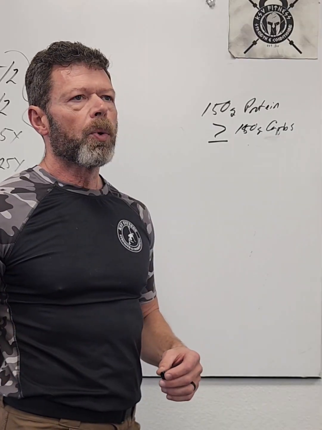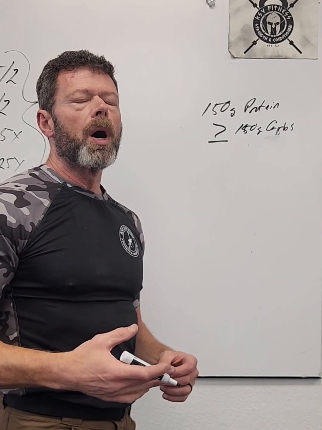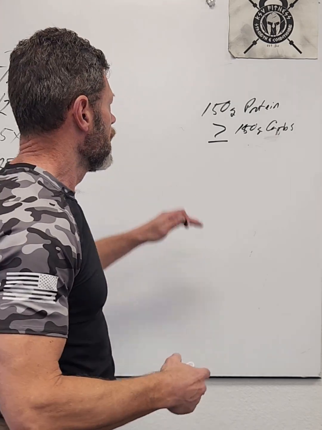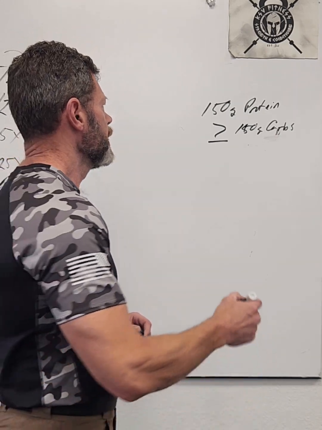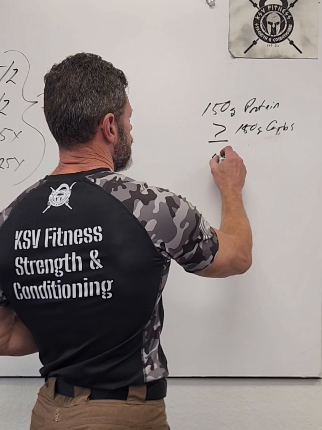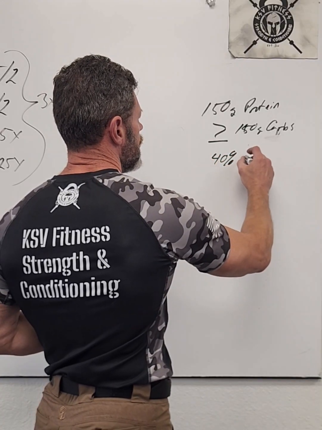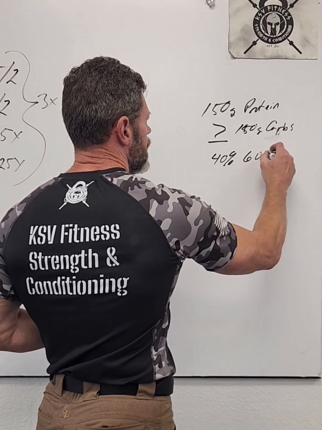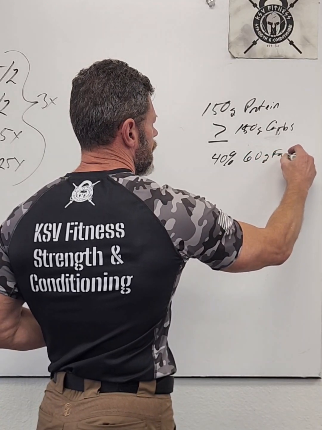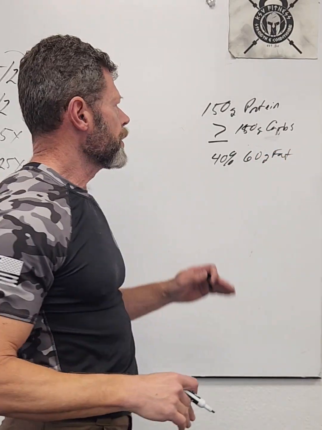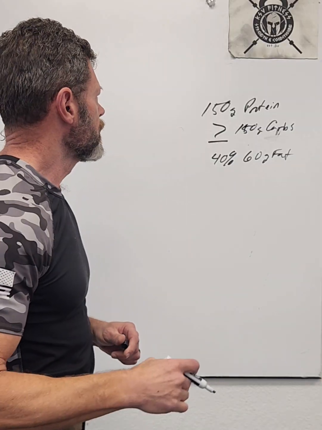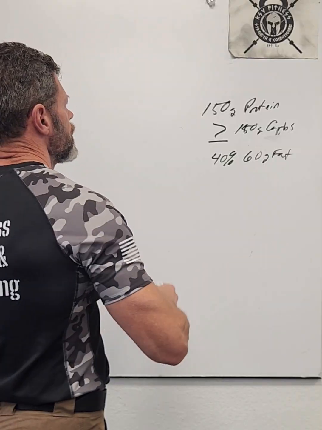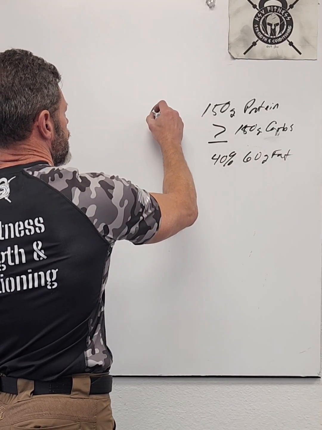And then for our fat intake, we want approximately 40%, of our total protein intake. All right, so we want to be at about 40% fat intake, which is going to be about 60 grams of fat. So when we start to math this out, here's what it's going to look like. 4 calories per gram of protein, so we're looking at 600 calories.